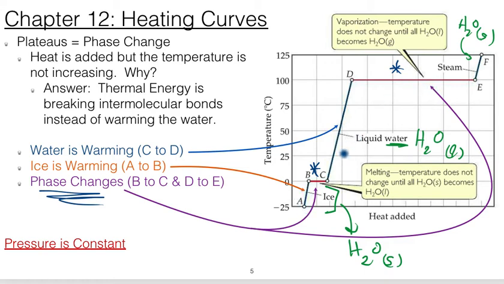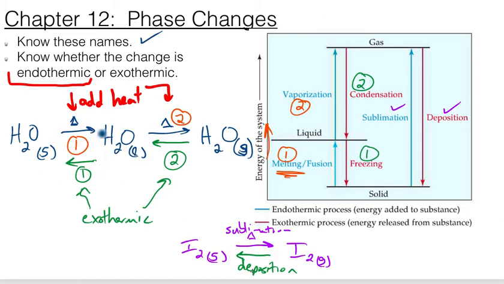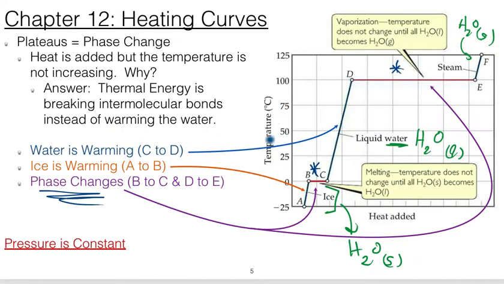In between, the physical state is just warming up as you add heat to the system. These heating curves are describing the phase changes we're talking about here, except now there's a temperature associated with each phase change.